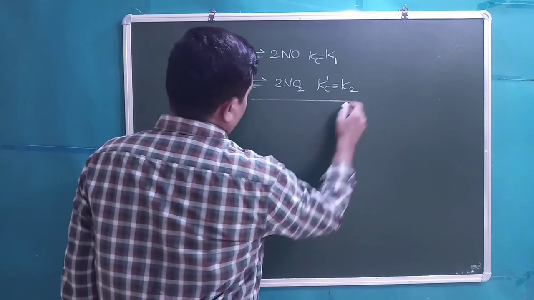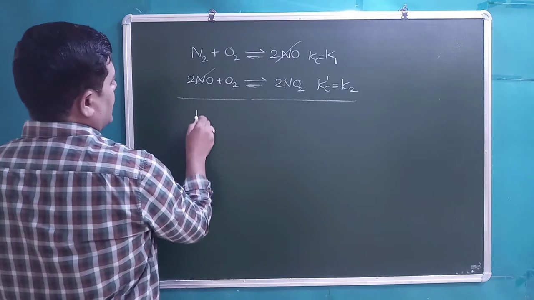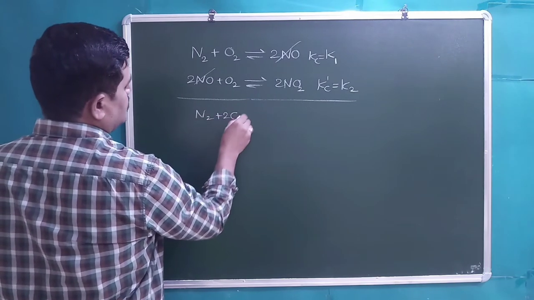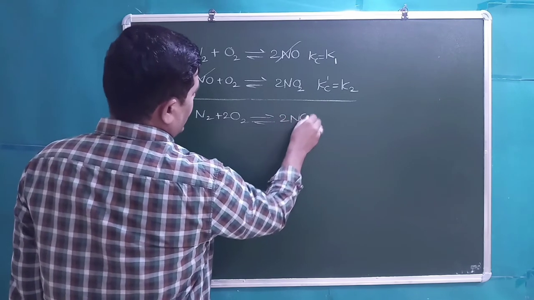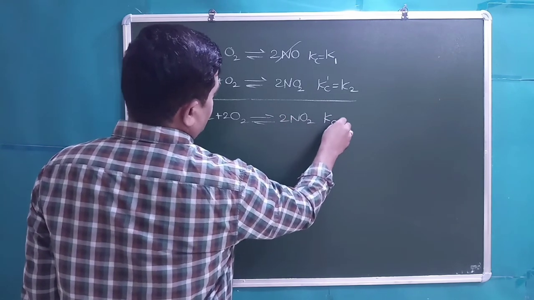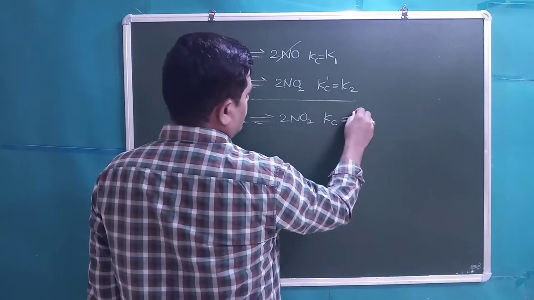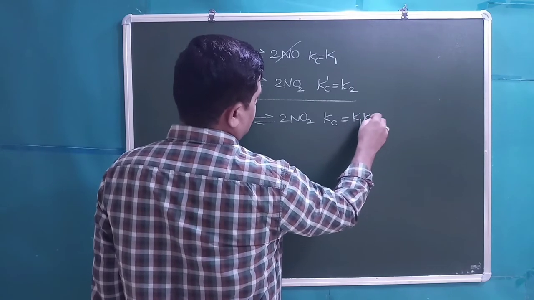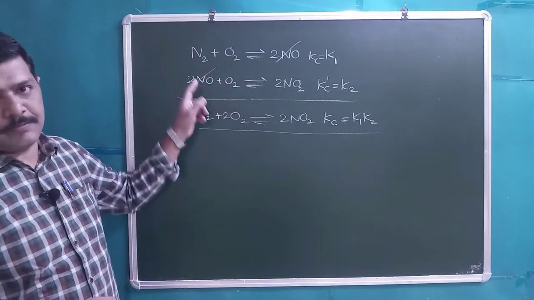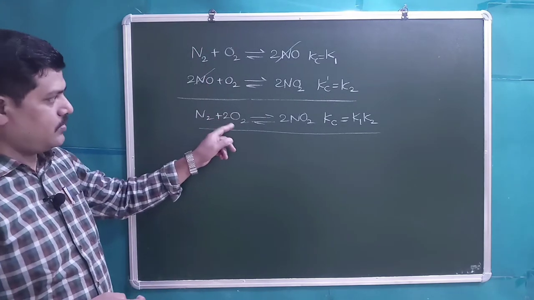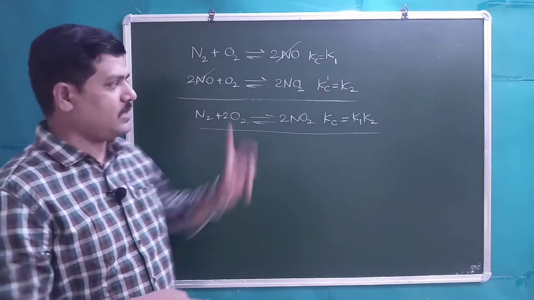Then for the overall reaction, we add these two equations, and we get N2 plus 2O2 in equilibrium with 2NO2. The equilibrium constant for this overall reaction is the product of the equilibrium constants of these two steps.